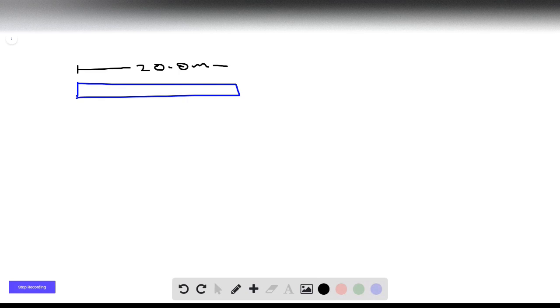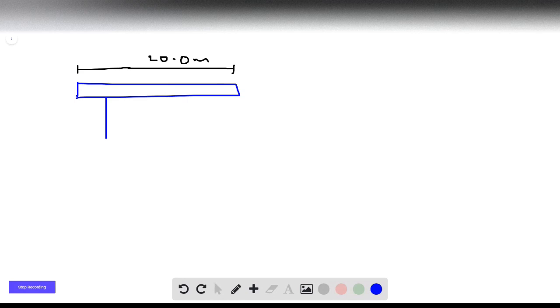So I think we have to be a little bit more generous with these lines. So this is 20 meters. That's the total length of the beam, and it happens to have two walls.